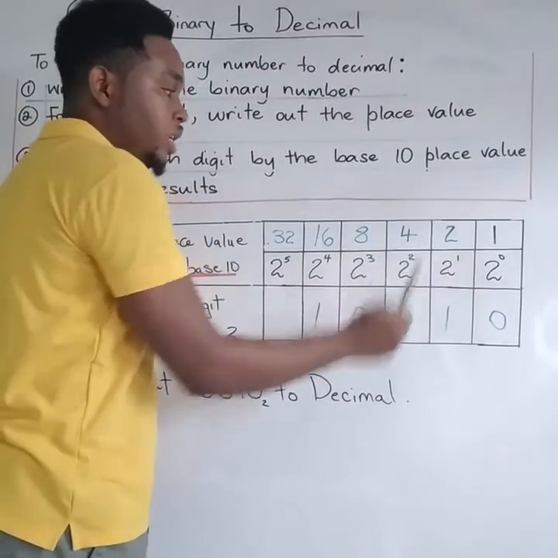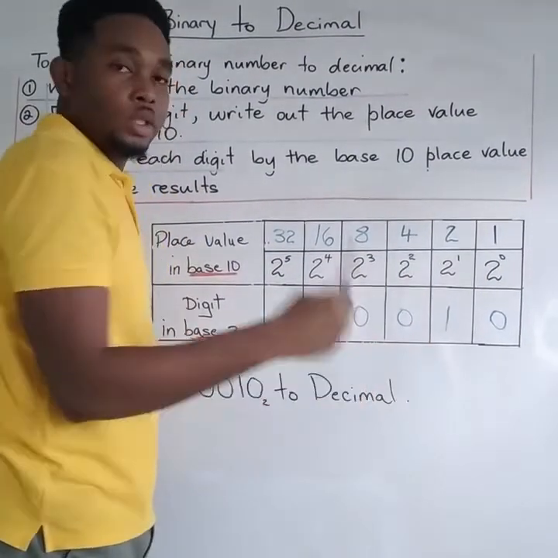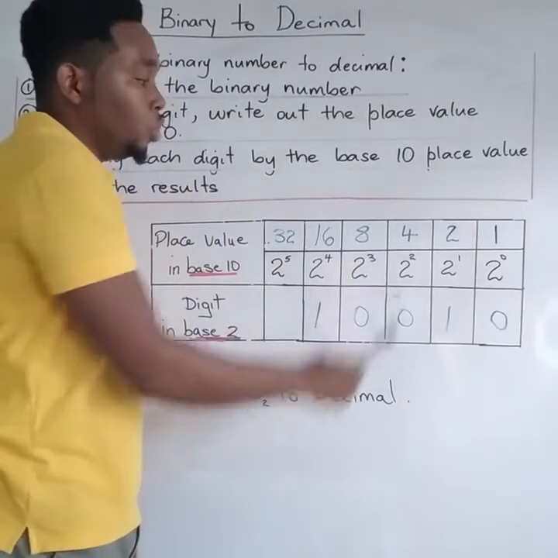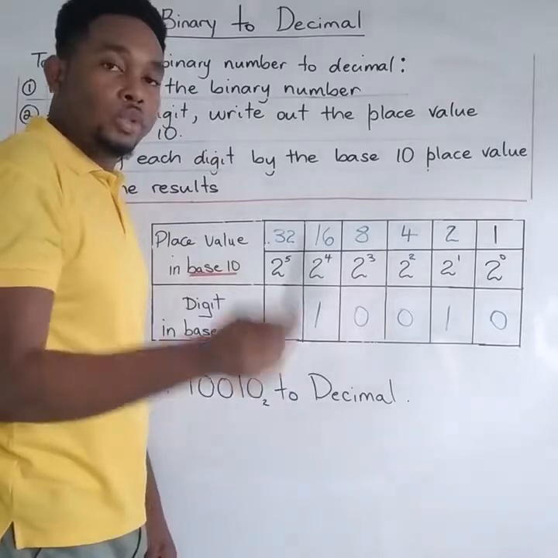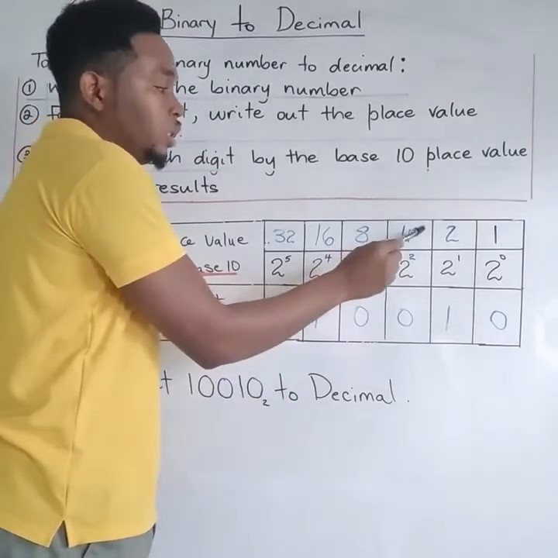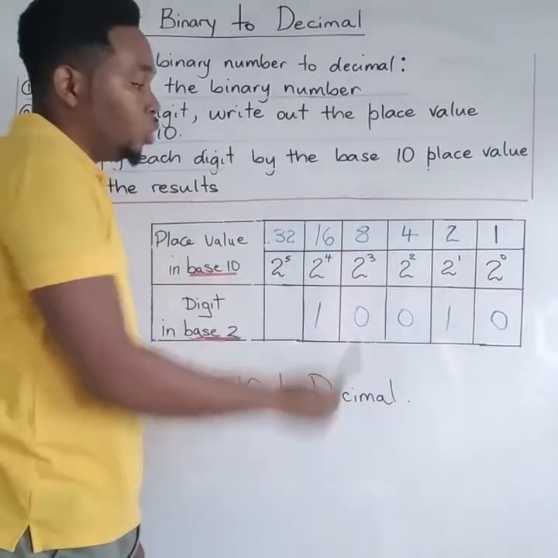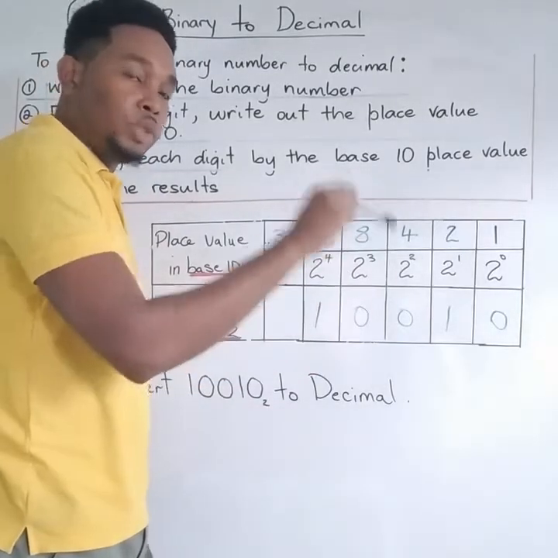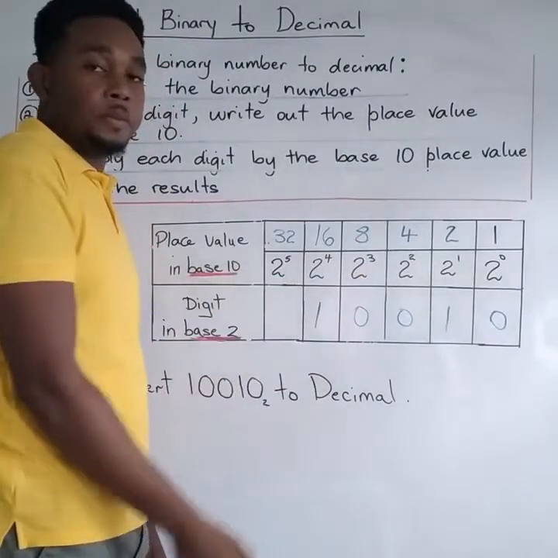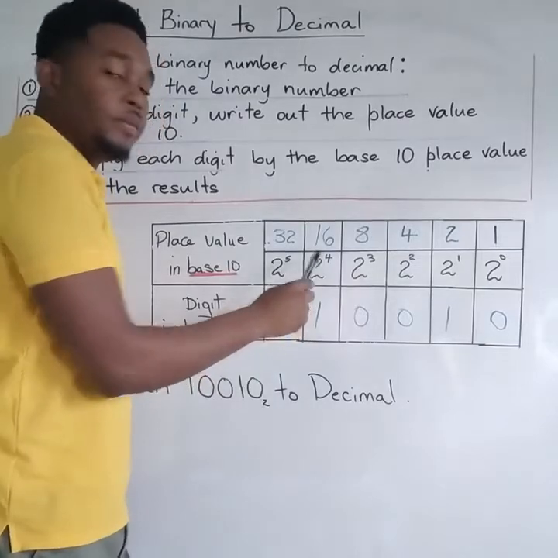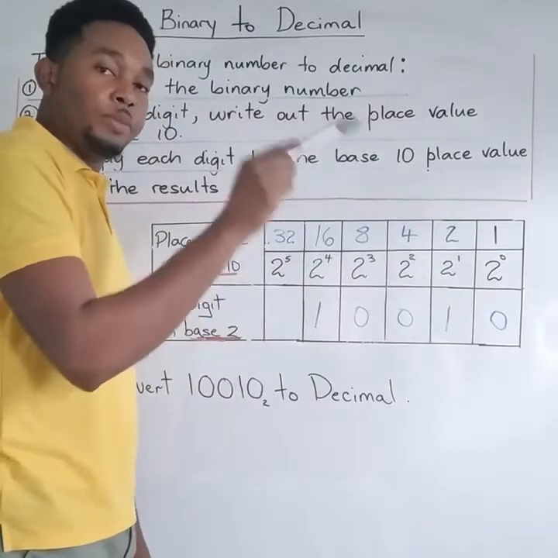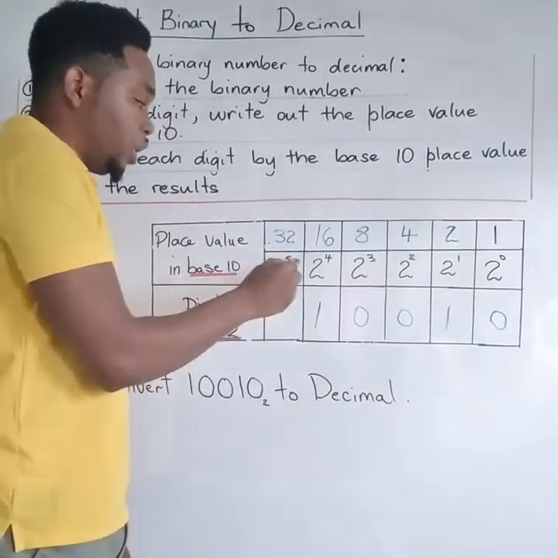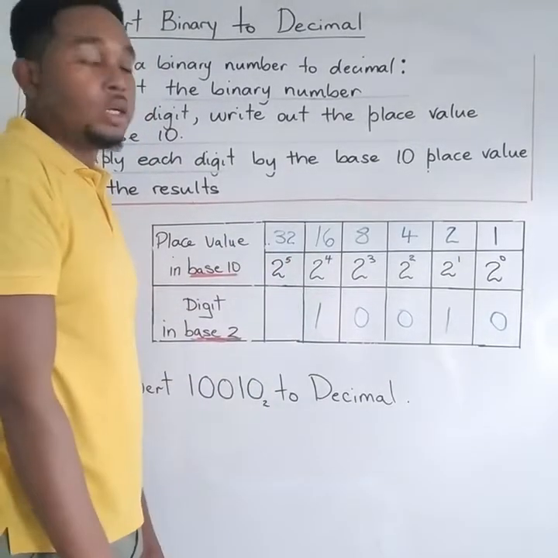2 to the 1 means 2 times 1, which gives us 2. 2 to the 2 means 2 times 2, which is 4. 2 to the 3 means 2 times 2 times 2, giving us 8. 2 to the 4 means 2 times 2 times 2 times 2, giving us 16. And we continue the process as we go along.